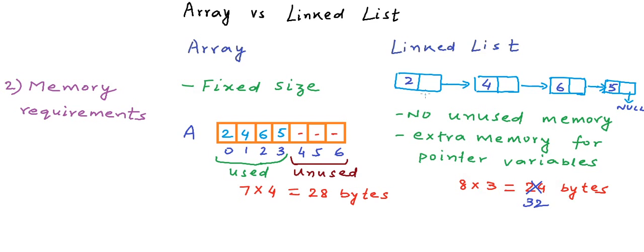Linked list would fetch us a lot of advantage if the data part is large in size. So in this case we had a linked list of integers, so integer is only 4 bytes. What if we had a linked list in which the data part was some complex type that took 16 bytes? So 4 bytes for the link and 16 bytes for the data. Each node would have been 20 bytes.